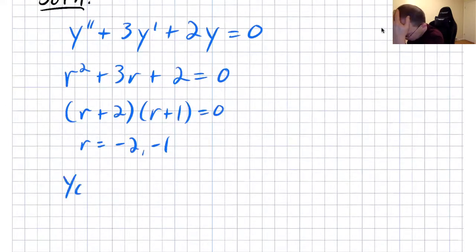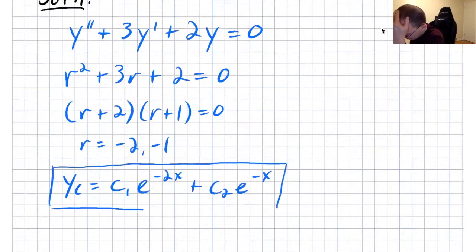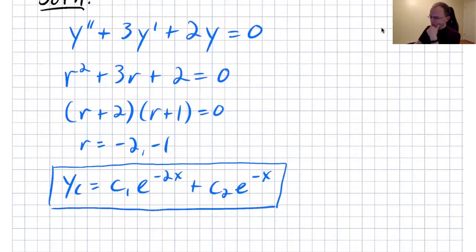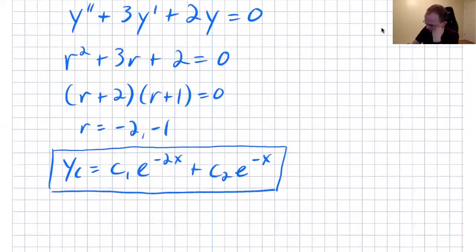So our complementary solution is C1 e to the negative 2x plus C2 e to the negative x. All right, nice. So that gives us our y1 and y2. So maybe I'll make a note of that over here. So y1 is e to the negative 2x, and y2 is e to the negative x.